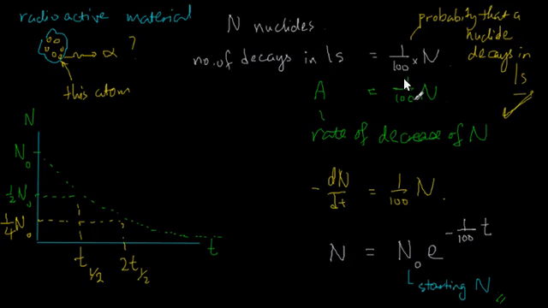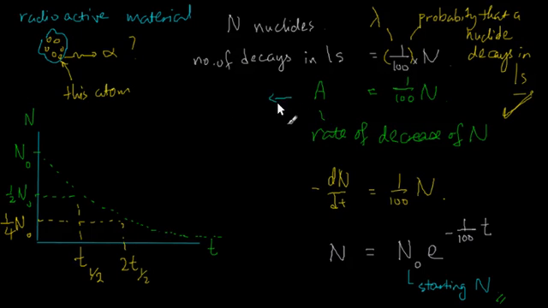In fact, it would be different for different materials. It's just that for all materials, it has been observed that they follow this behavior. So instead of calling it 1 over 100, let me replace this by a symbol, lambda. And lambda is the symbol that's often used. So I would write this.